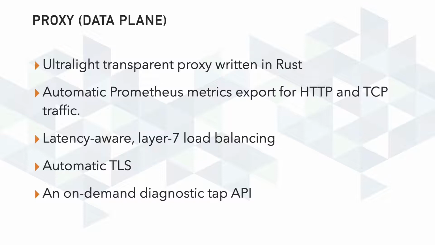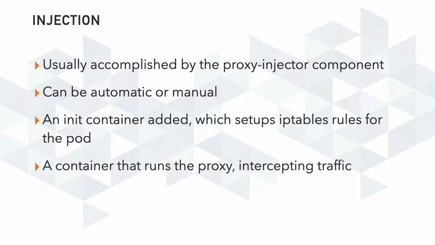So oftentimes the question arises, well, how does that proxy end up in my workloads? Well, that's happening through a process that we call injection. It's usually accomplished by the proxy injector component, which is part of the control plane, but can be done manually as well.